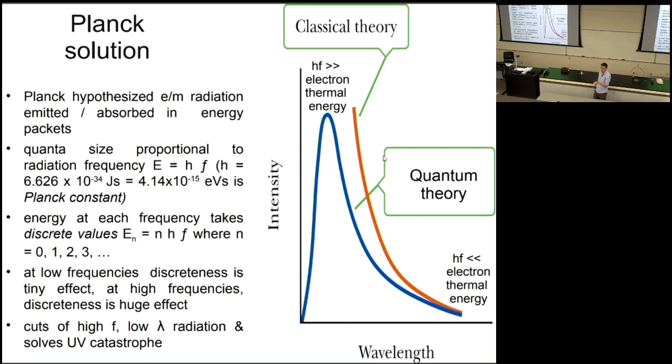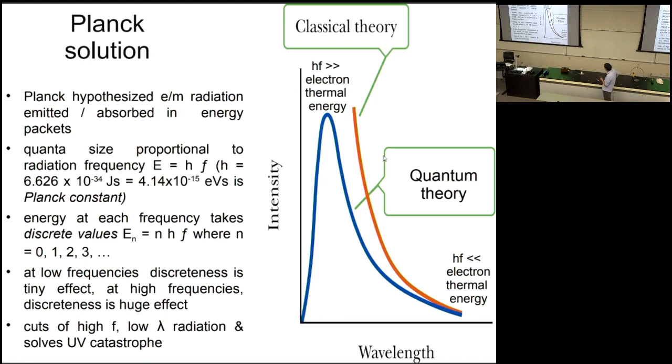So you can't just emit any energy you like. You have to emit energy in packets. That's the key to his solution to the ultraviolet catastrophe. The other part is that the size of the packets depends on the frequency or the wavelength of the radiation. So we'll see in a moment that, depending on your frequency, depending on your wavelength, you have bigger or smaller energy packets. So those are the key ideas that Max Planck added to the theory.